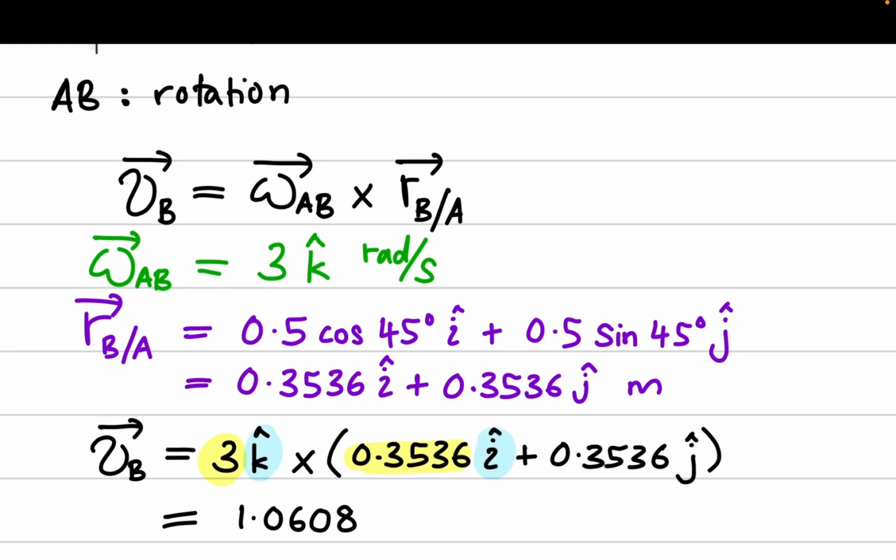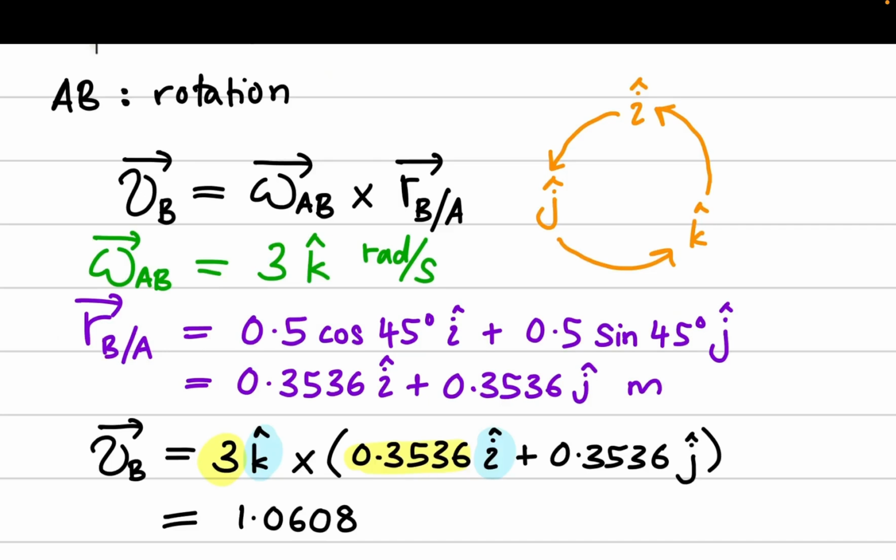To do this, as we discussed in the class before, we will write I going to J in the anti-clockwise direction. So this is J, this is I with the head, J with the head, J going to K, anti-clockwise, and then K going to I, also anti-clockwise.